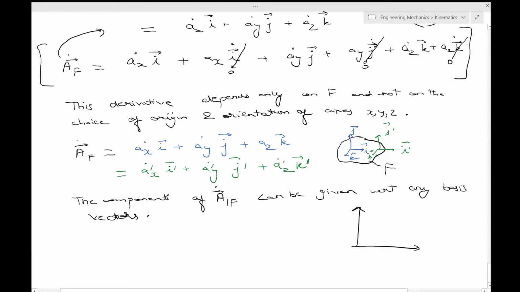If you have a two-dimensional space like this and you have a vector, say 3i plus 4j, this is the x axis, this is the y axis. Now if I rotate this coordinate system such that my new x is lying like this and my new y is lying like this, I'll just call them x dash and y dash.